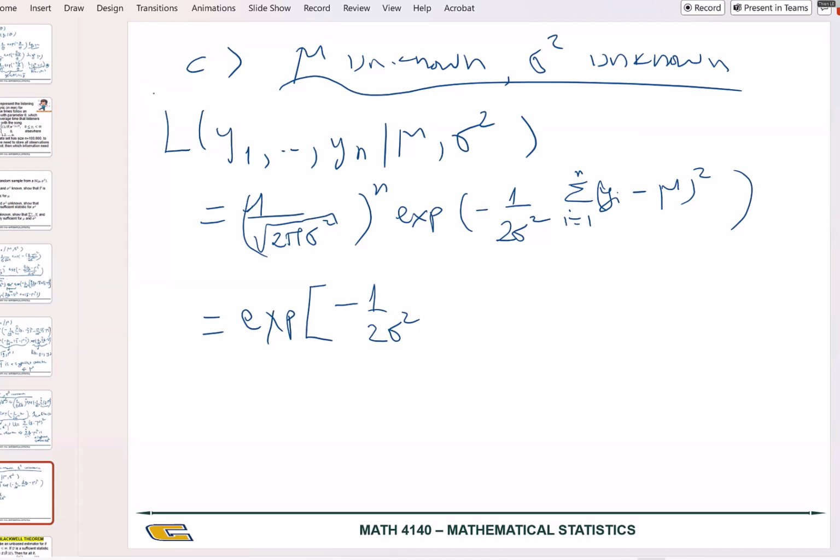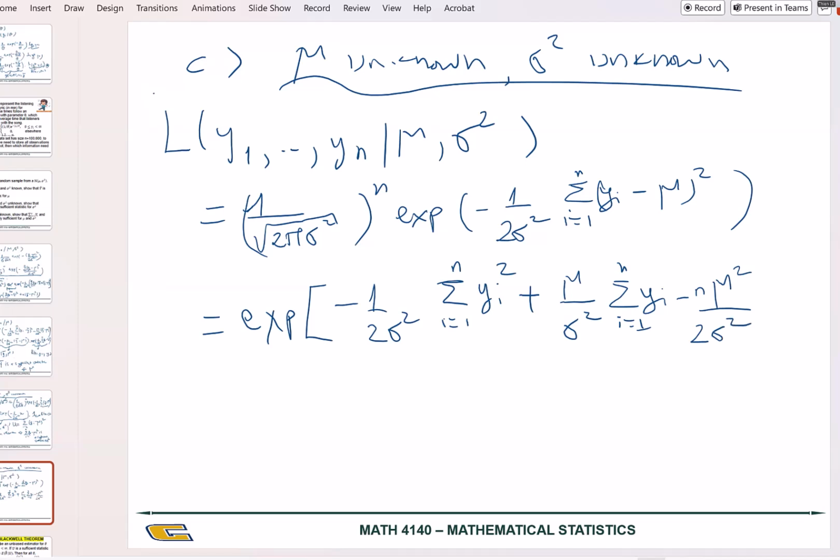If I break it out, I have summation of i from 1 to n, yi square, which is one thing I want, and then plus mu over sigma square times summation yi, which is another thing I want, and then subtract n mu square over 2 sigma square.